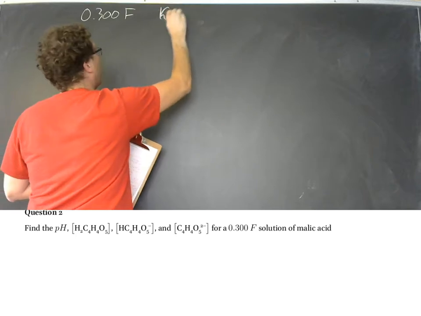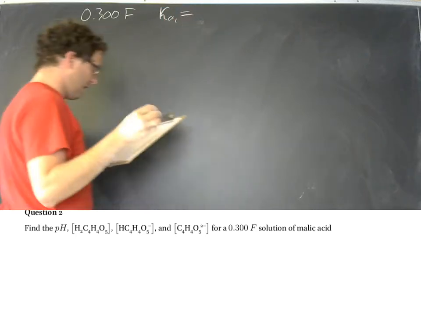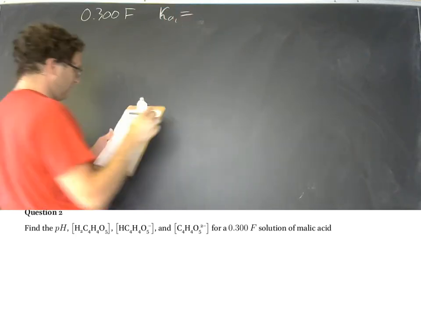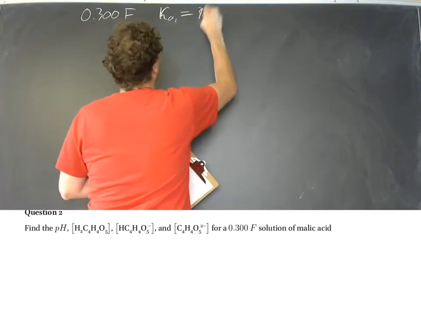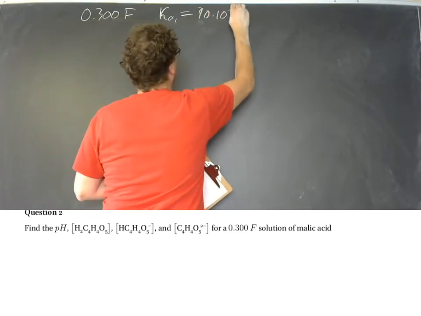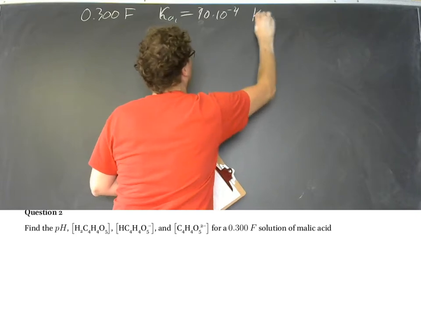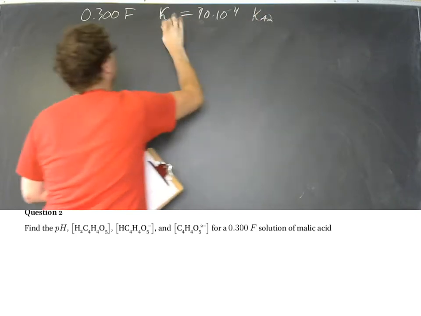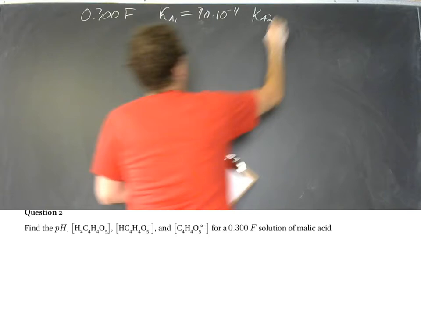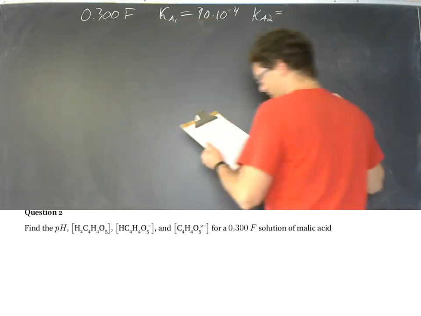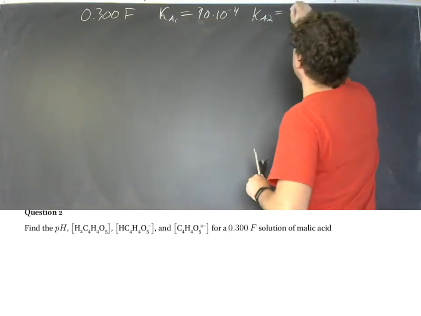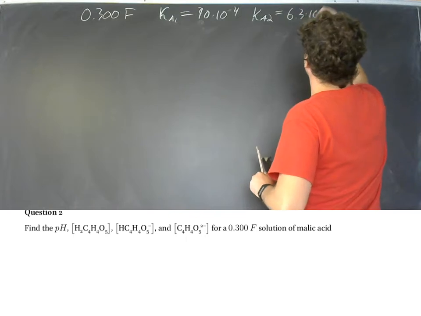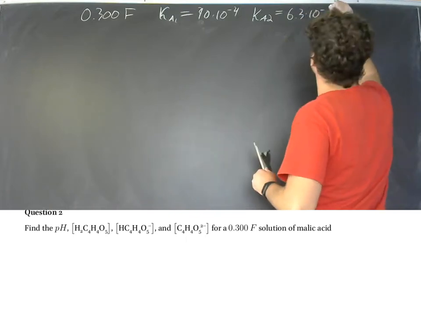And our Ka1 is equal to 4.0 times 10 to the negative fourth. And Ka2, so that should be a capital A, Ka2 is equal to 6.3 times 10 to the negative sixth.